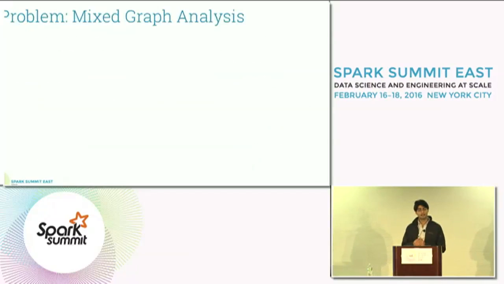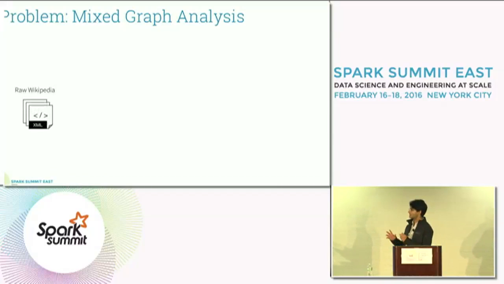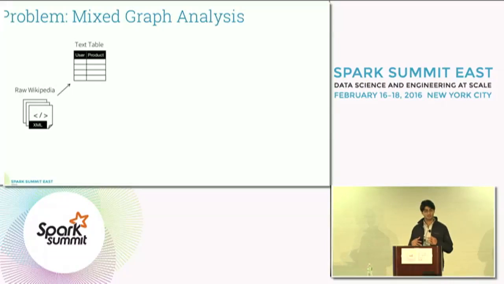Okay, but real graph analysis often involves doing both, right? So here's the same Wikipedia example where we have maybe this raw dump. I actually did this last night. So we have this raw dump of Wikipedia, maybe in XML format, and we want to use some kind of ETL or some sort of XML parsing library to extract this into a table where, sorry, this shouldn't be product, that should be article title.